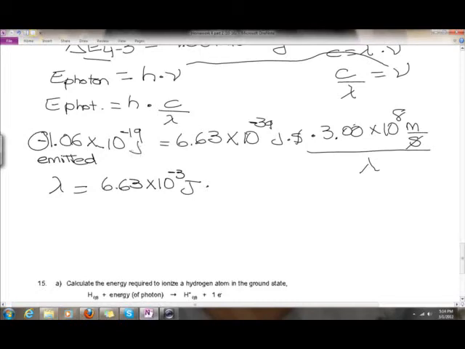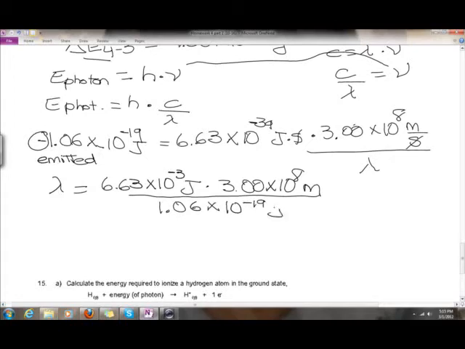Multiplying, and this is joules, by the way, and multiply by 3.00 by 10 to the 8th meter. We already got rid of the seconds, and this is divided by 1.06 by 10 to the minus 19 joules.